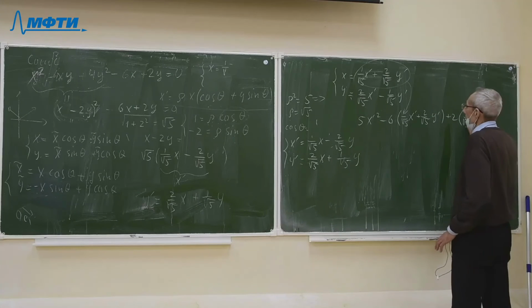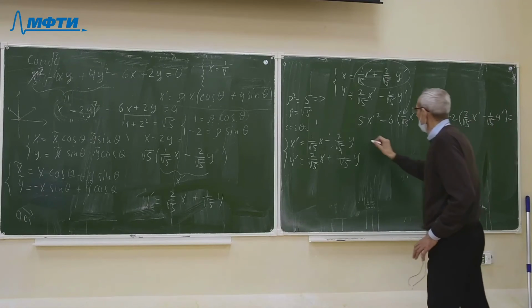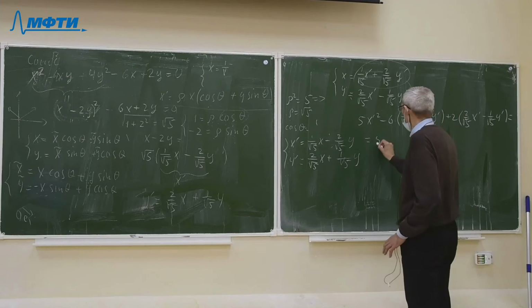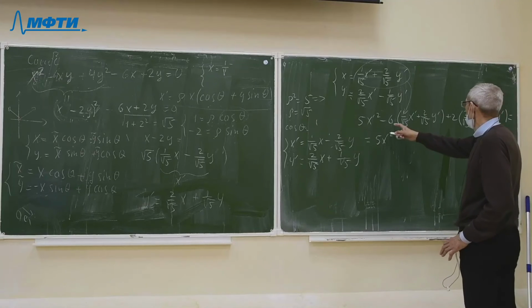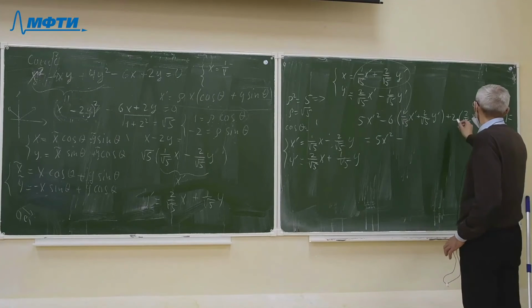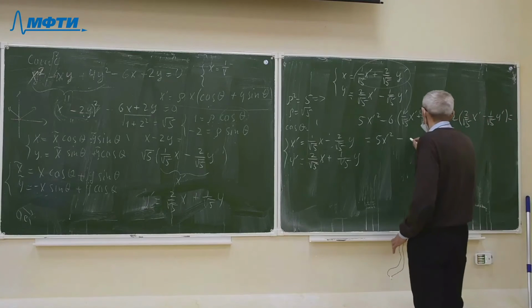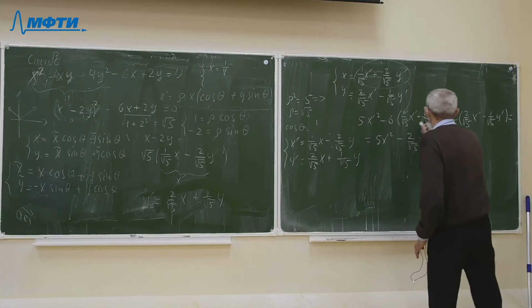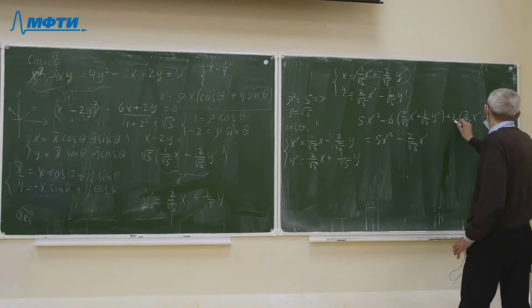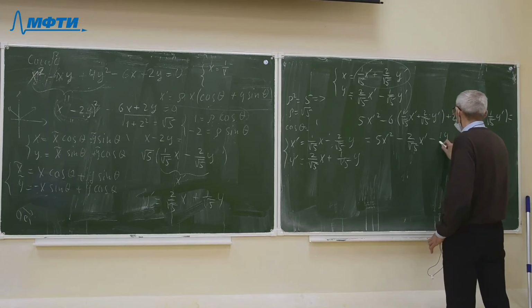And it is easy to see that we obtain the following final formula: minus 6 plus 4 minus 2 root x prime minus 12 minus 2 minus 14.